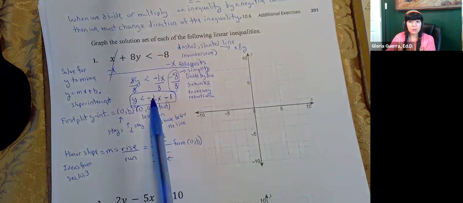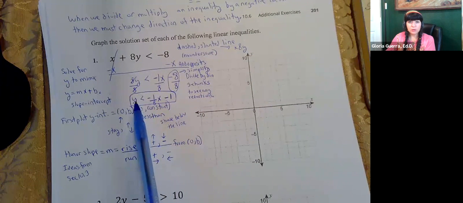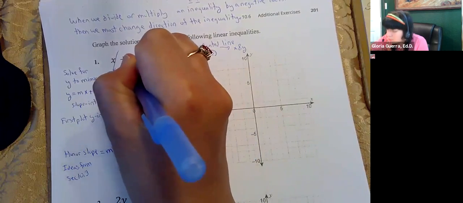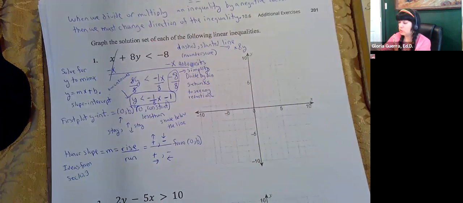And it's going to be a dashed slanted line. The y's are unknowns, right? There are solutions, like our solution set. So all our unknowns are below that line, so you're going to have to shade below that line. Just keep that in mind.